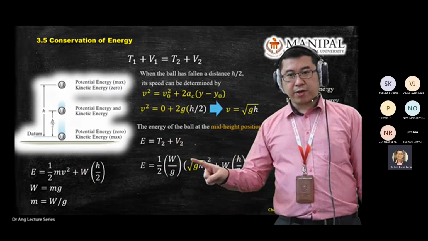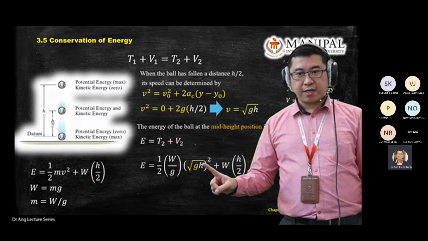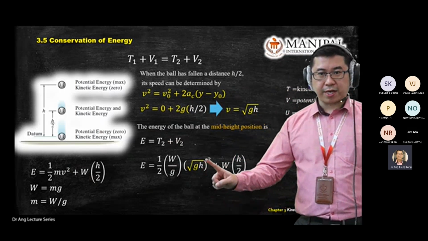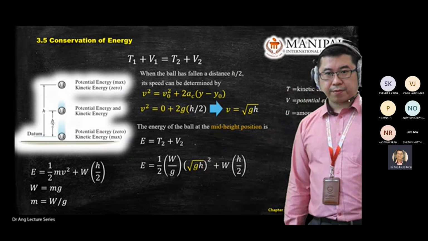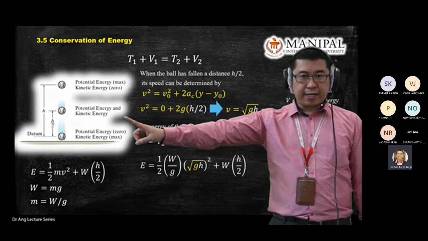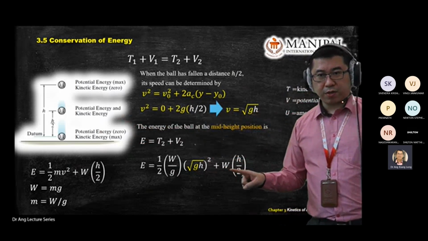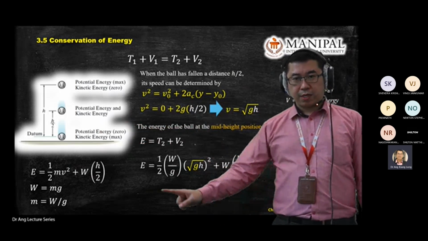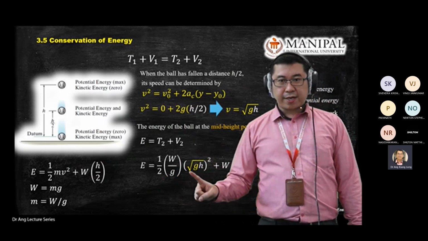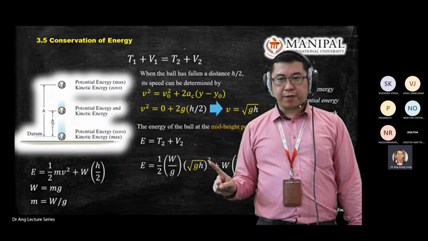When you have a square root and a square, the hat here will be removed. And at this location, potential energy equals WH divided by 2. So by looking at this equation, the square root hat is cancelled because of the square.